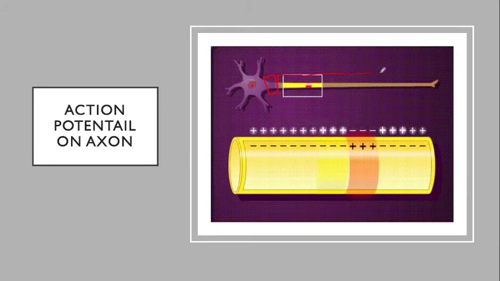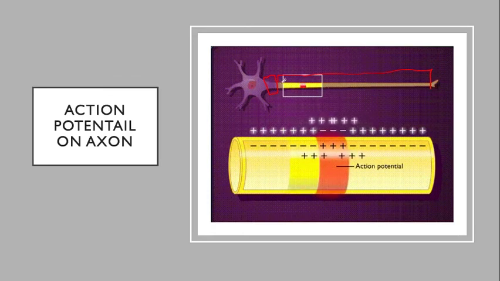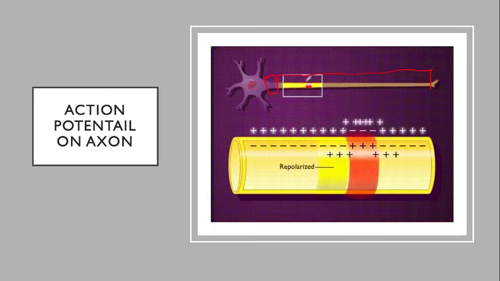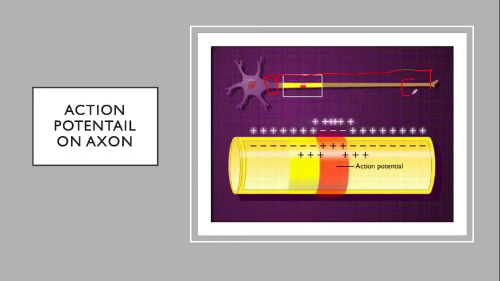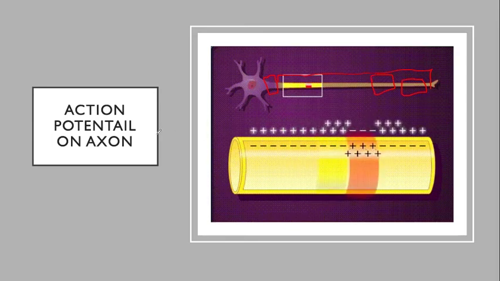This is the axon right here. This is where the action potential is going to travel. And in this particular one, we're not myelinated. But if you were myelinated, then you would know it had some oligodendrocytes or some Schwann cells around it, right? And that is the action potential on the axon itself.